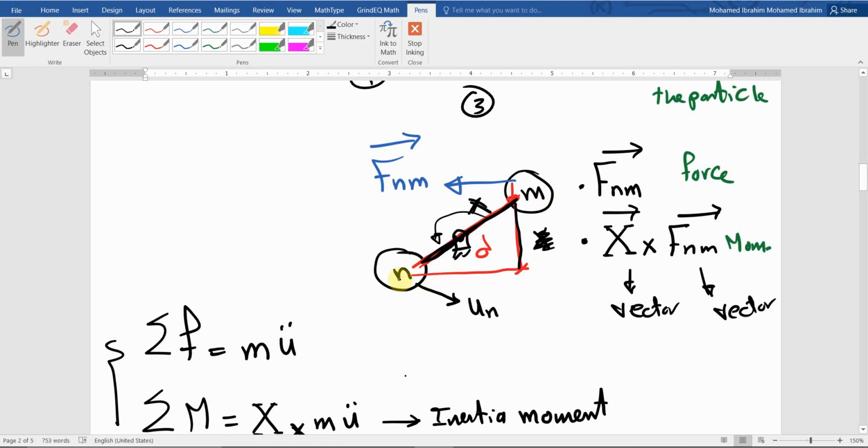But the equations that just belong to n are only three equations, which are the force component, right? Or the force equation, the three equations. But these three equations of the moment are the equations that belong to the whole system of particles. You got my point?